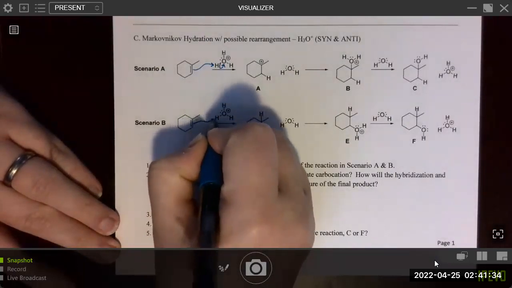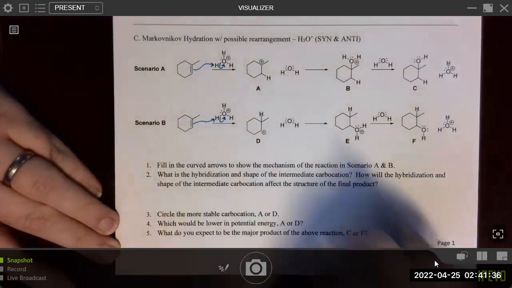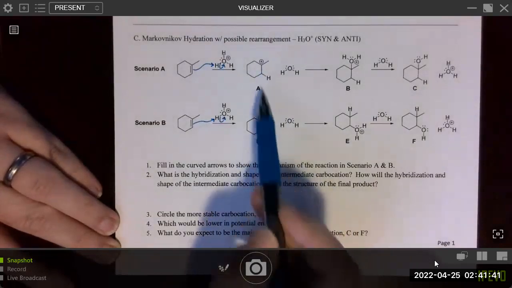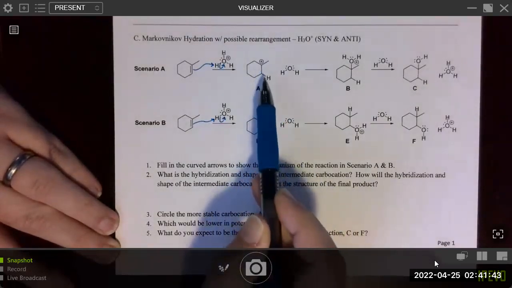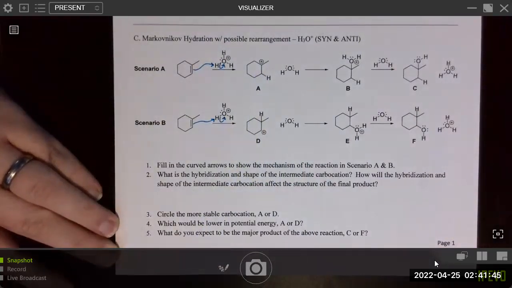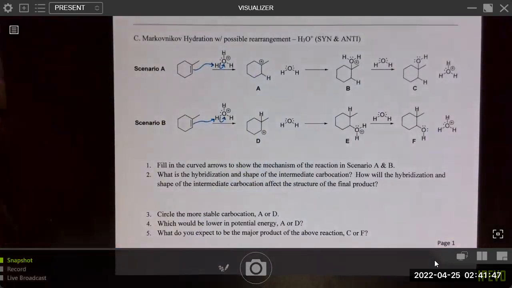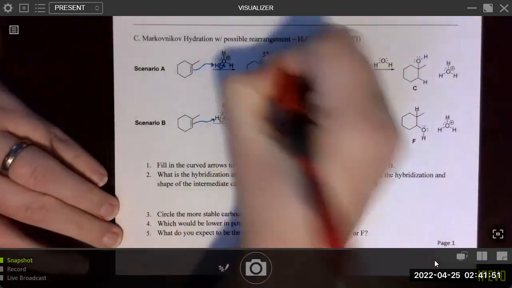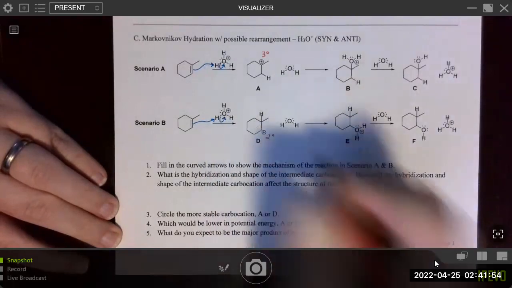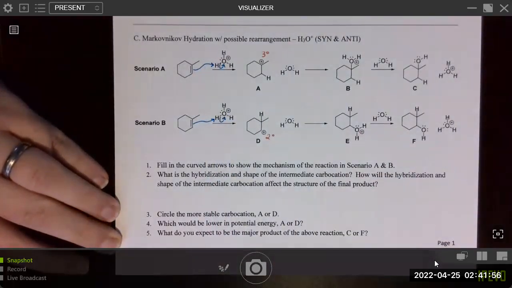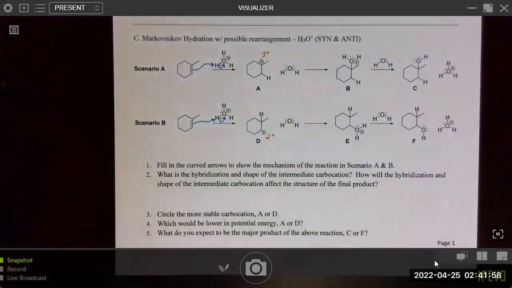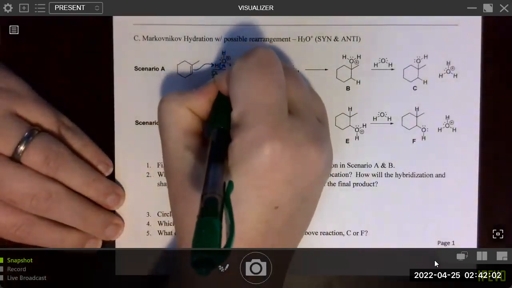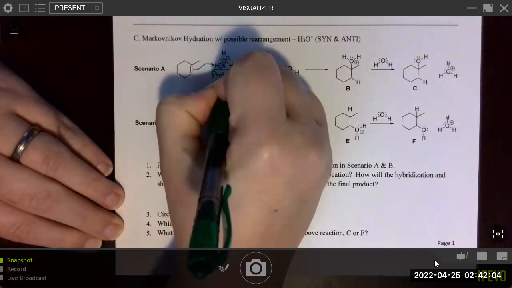And the arrows are drawn the exact same way. The difference is where the hydrogen is placed, on either the more substituted carbon or the less substituted carbon, which is the difference between A and D. So we can take note of that. That will help us later, that this is a tertiary carbocation and this formed the secondary carbocation. And we could also write down some notes that this is a proton transfer step.